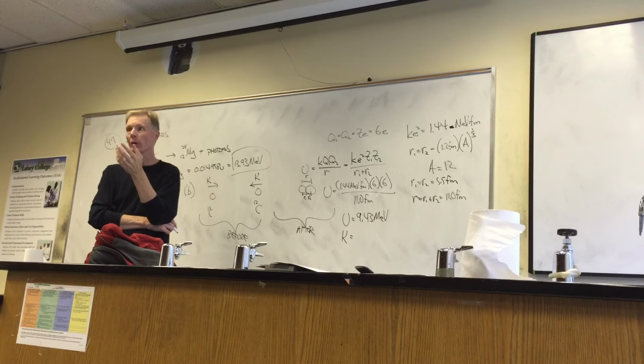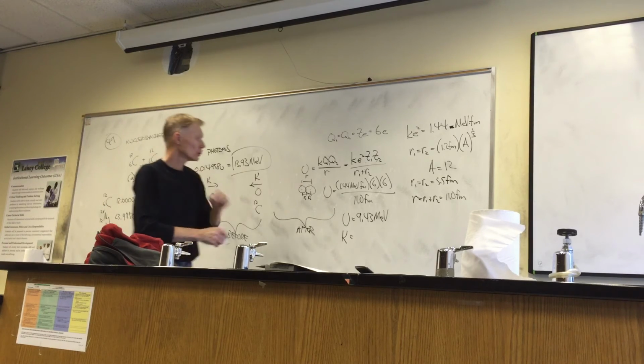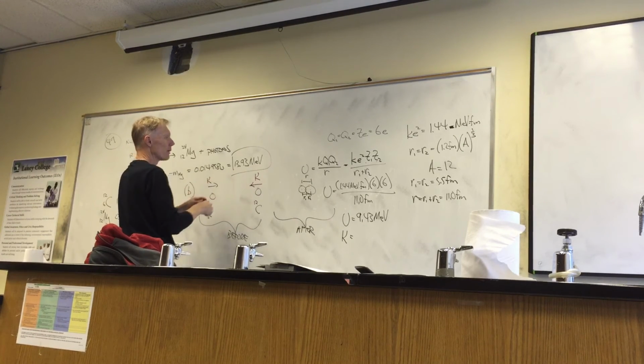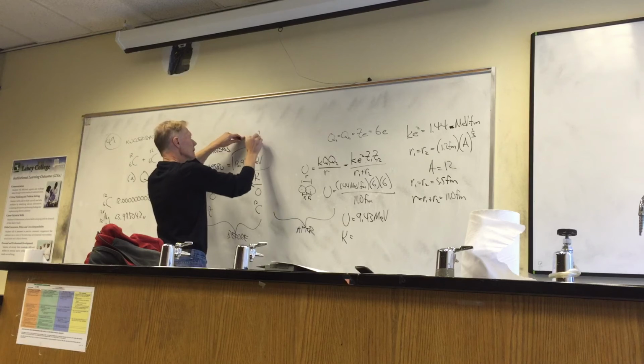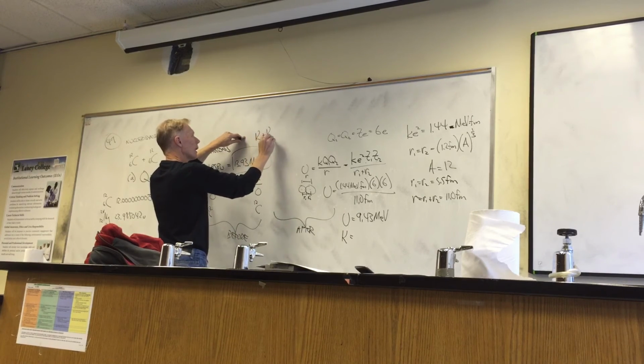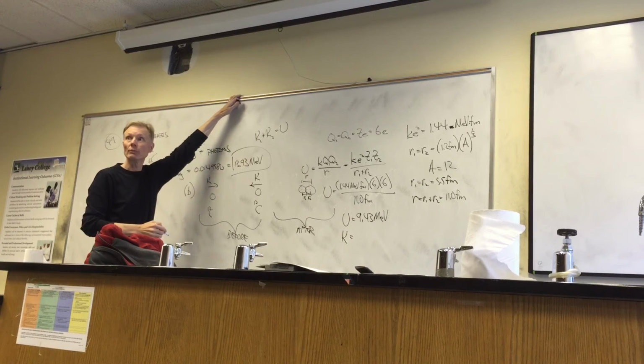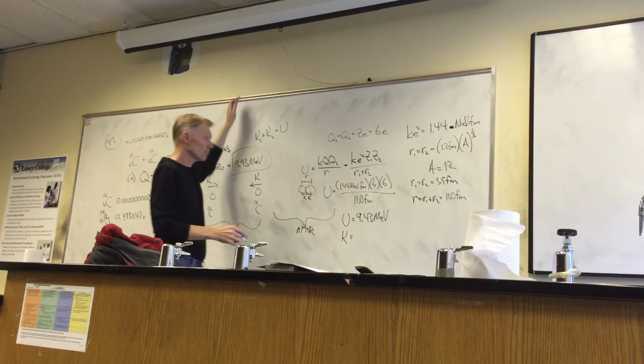Just divide by 2, right? So each nucleus comes in with a kinetic energy. Those get combined. So we're going to get kinetic energy of 1 plus kinetic energy of 2 is equal to that potential energy. Okay, so we can just divide through by 2.